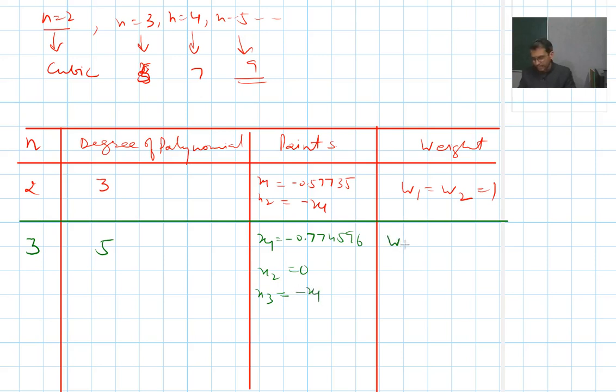The weights are w1 equal to 0.555555, w2 equal to 0.888888, and w3 equal to w1.